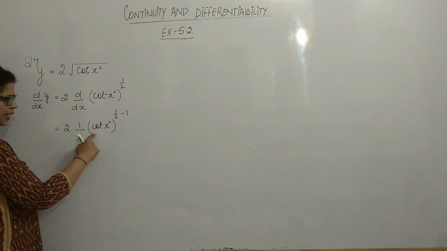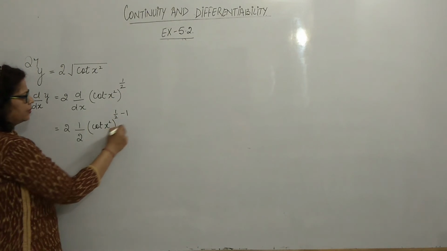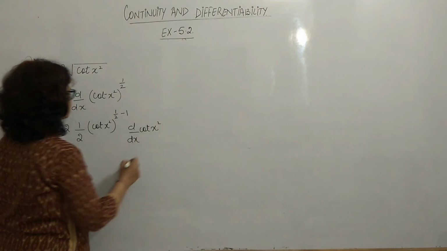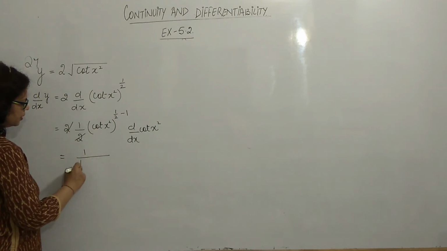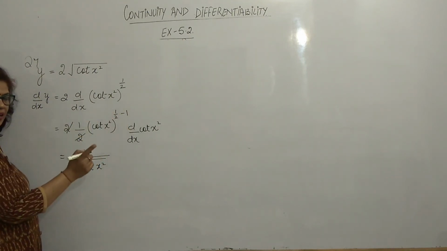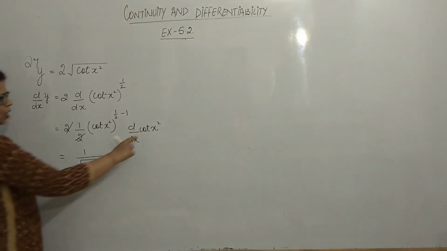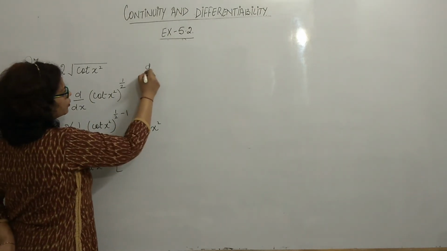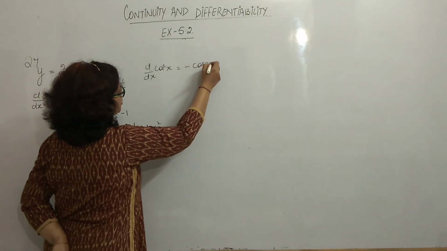Look, n x to the power n minus 1. But here not x, a function of x is there, and we differentiate cot x square again. Right? 2 and 2 get cancelled out. This becomes square root of cot x square. Why so? Half minus 1 is minus half, and minus half can be written as square root in the denominator. The derivative of cot x is minus cosec square x.